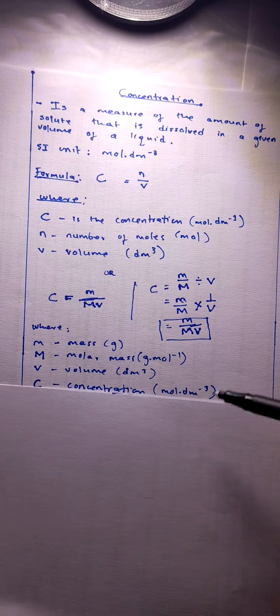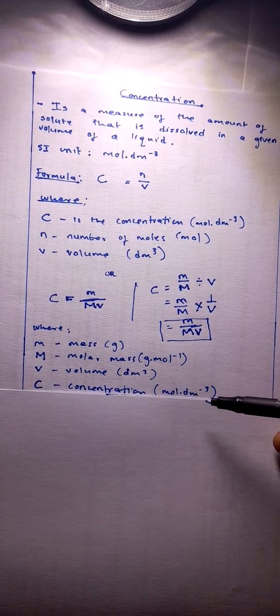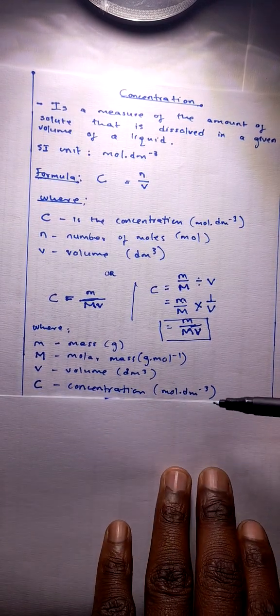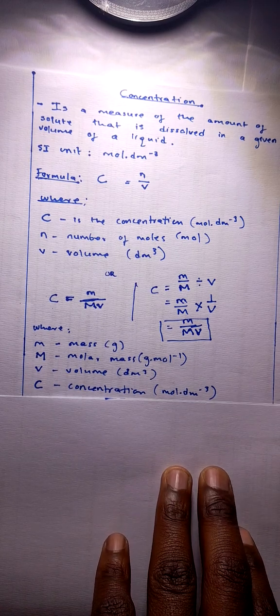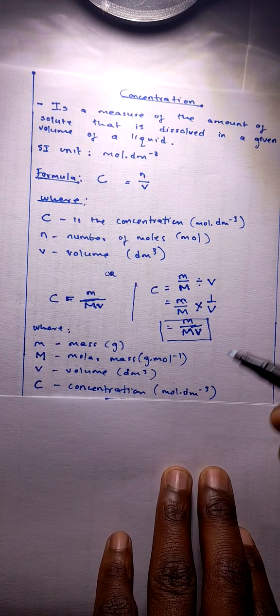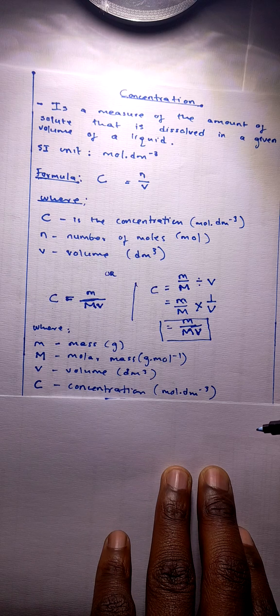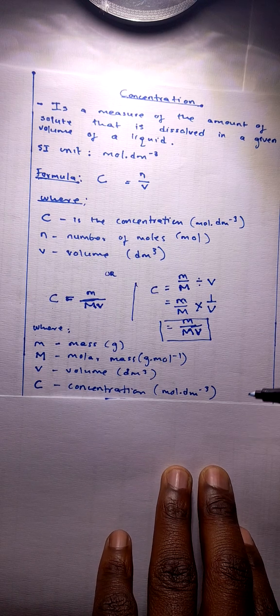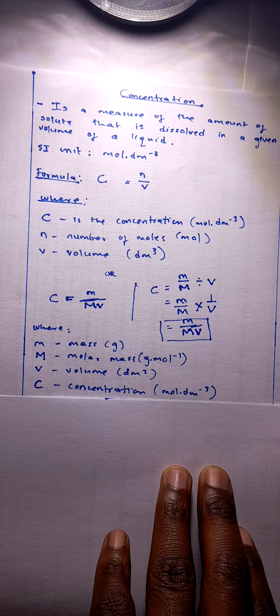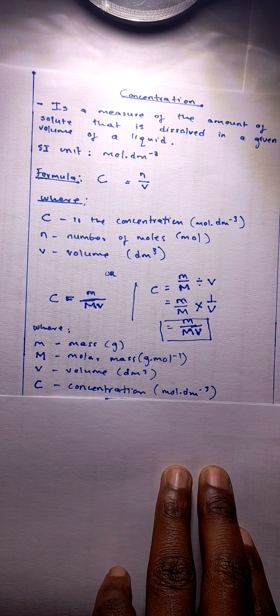Remember, sometimes they can ask for the concentration in mole per cubic centimeter. Therefore, if your volume is in cubic decimeter, you need to multiply it by 1,000 to convert it to cubic centimeter. In the previous lesson, I did explain how to convert liters to milliliters and so forth.